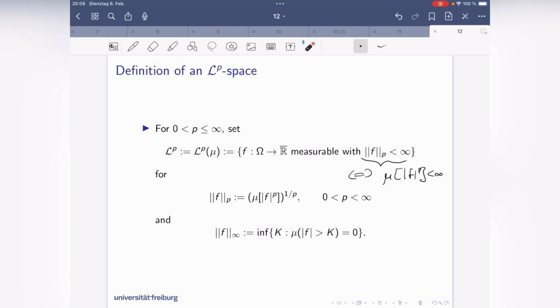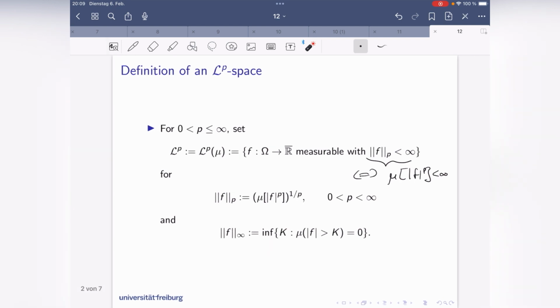Okay, and that's for p smaller than infinity, and for p equals infinity, we have this thing here. So there is a number k such that the absolute value of f is not bigger than k almost surely. So mu of the set where f is smaller or equal to k equals mu of the whole space.